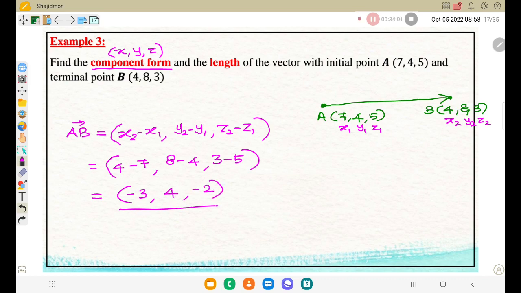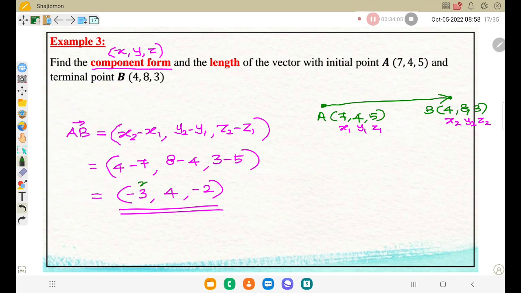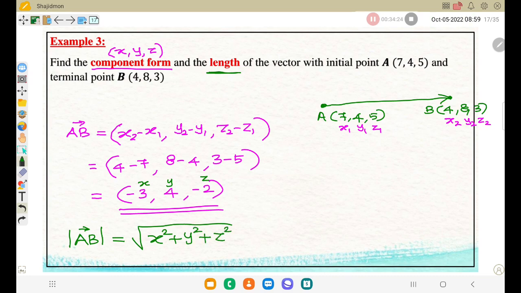This is the component form of vector AB: first component x, second component y, third component z. Now, what is the second question? Find the length or magnitude of the vector. So, the magnitude of vector AB equals, what is the rule we studied? Root of x square plus y square plus z square, correct?